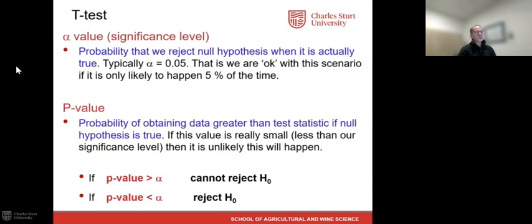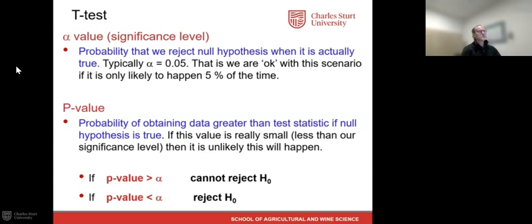So with our alpha value, we can pick a level. Typically, you go 0.01, 0.025, 0.05. You don't often go much higher than that. So we often take an alpha value of 0.05, which equates to 5%.